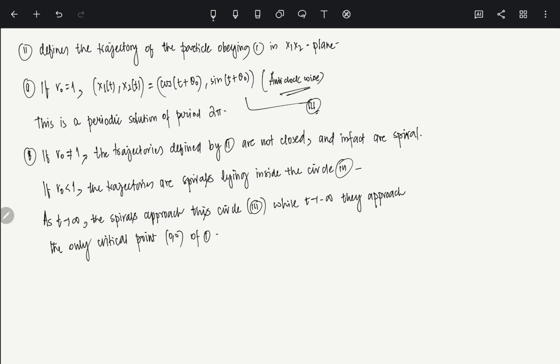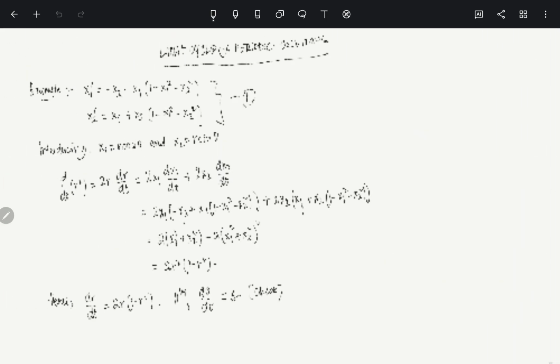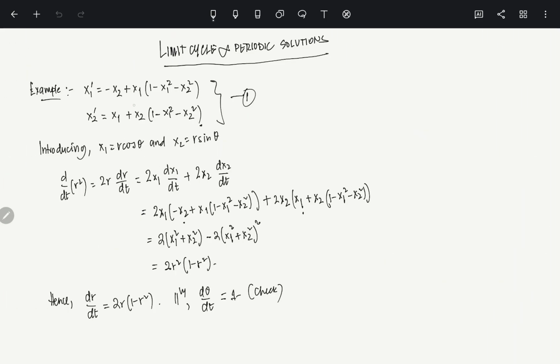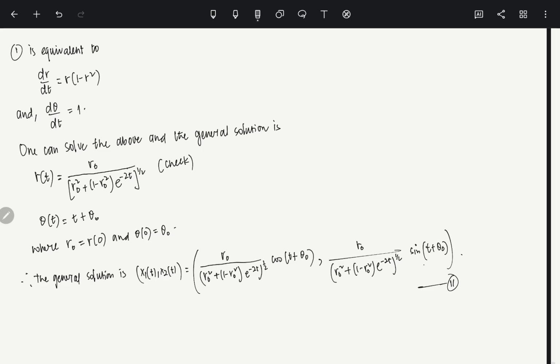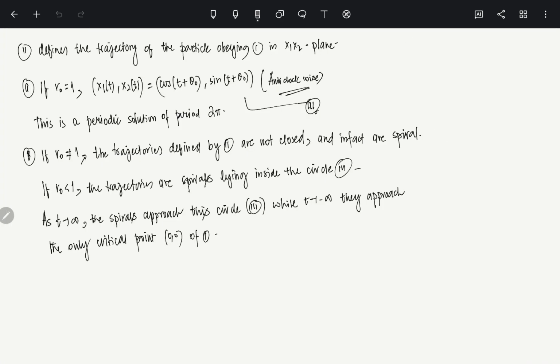By looking at this equation, you can realize that 0 0 is the only critical point. If there is a critical point, it has to be 0 0. This particular thing goes to 0 0 as t tends to minus infinity. So basically, as t tends to infinity, they approach the circle, while as t tends to minus infinity, they approach the only critical point.